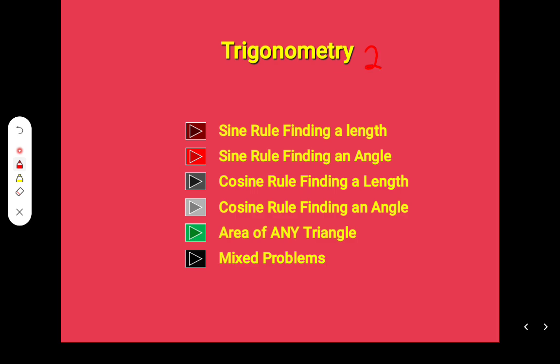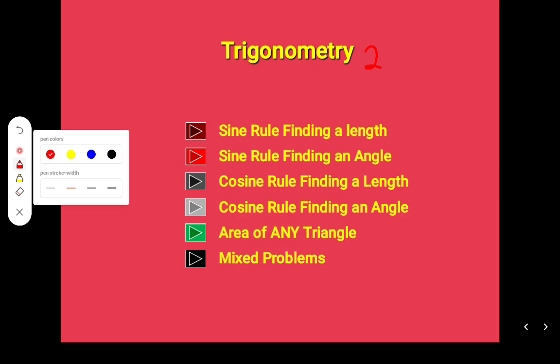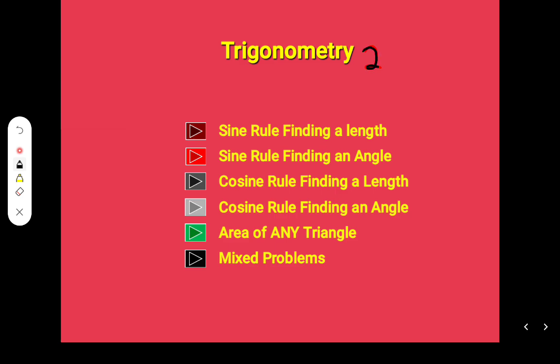Remember that in Form 3, you covered Trigonometry 1, where you were dealing with the famous SOHCAHTOA. You looked at the trig ratios, namely cosine, tangent, and the sine of an angle. So, welcome to Trigonometry 2.